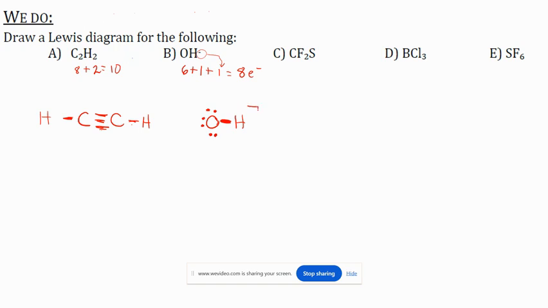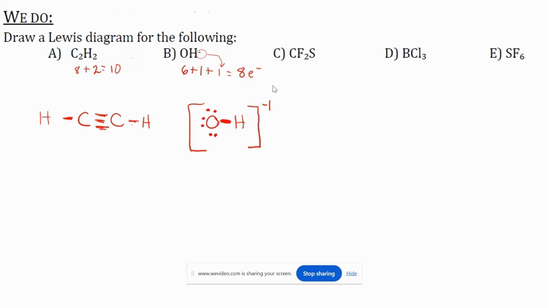So the way you do that is you use square brackets to surround it, and then you put whatever charge it is up in the corner here. So that indicates to your reader, whoever's looking at your material, that there is an extra electron at play that we've put in that structure.